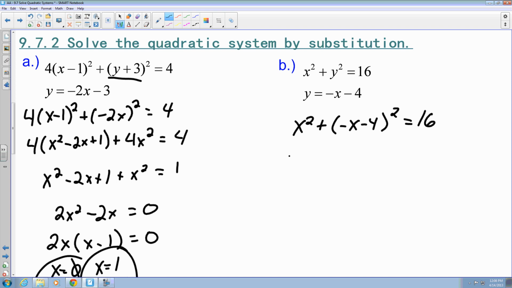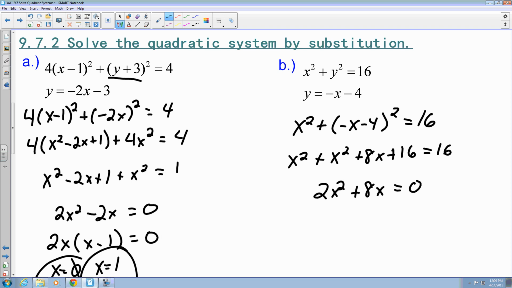I'm going to expand that, so it'll be x squared plus x squared plus 8x plus 16 equals 16. So combine like terms and set it equal to 0. So I got 2x squared plus 8x equals 0.